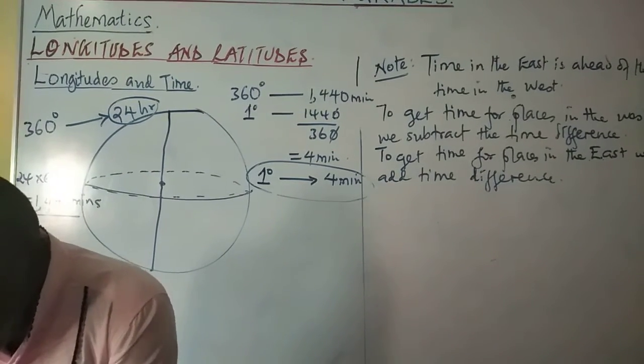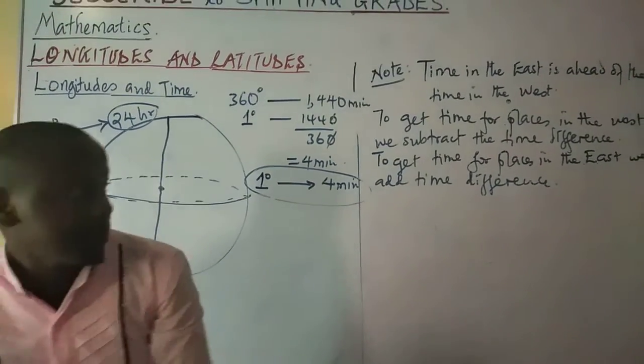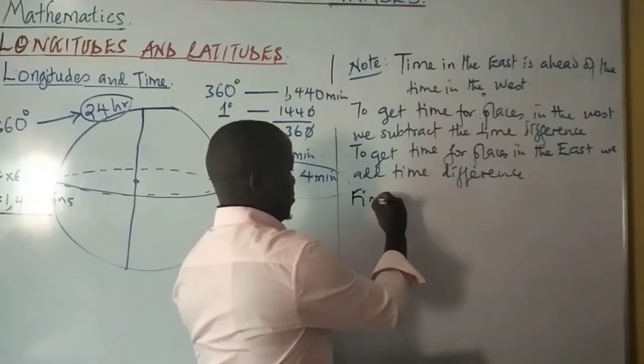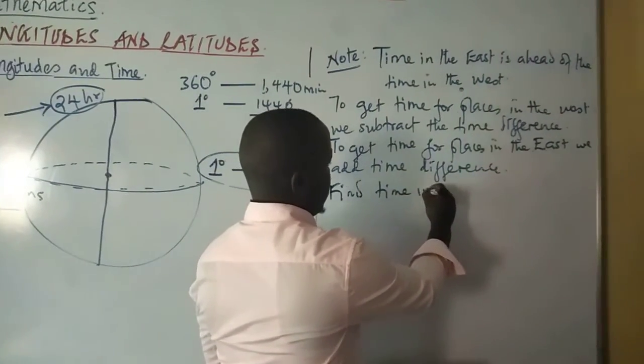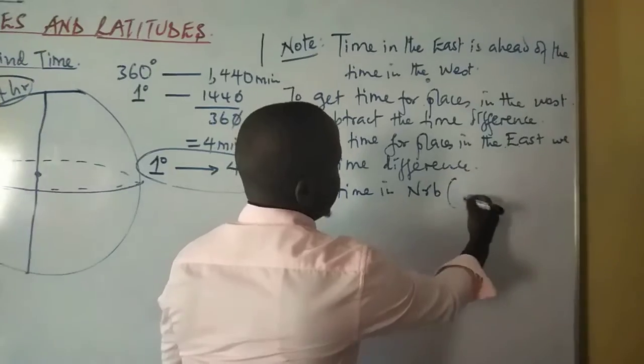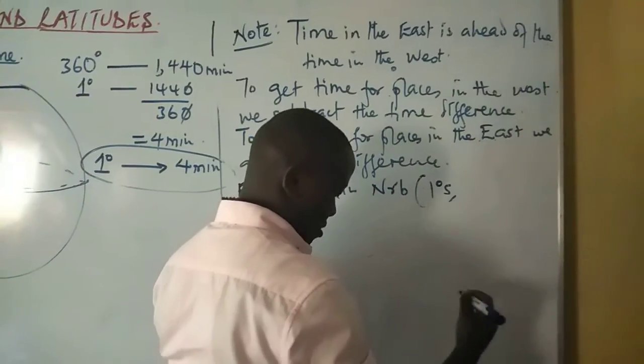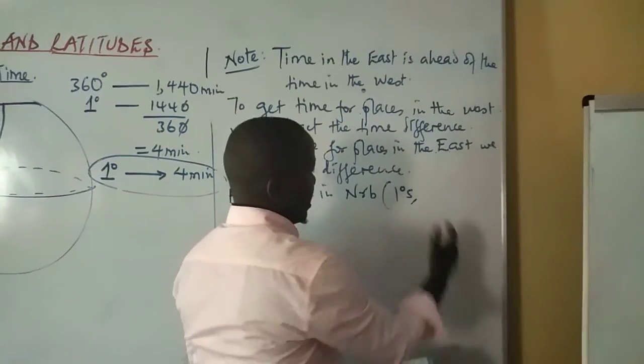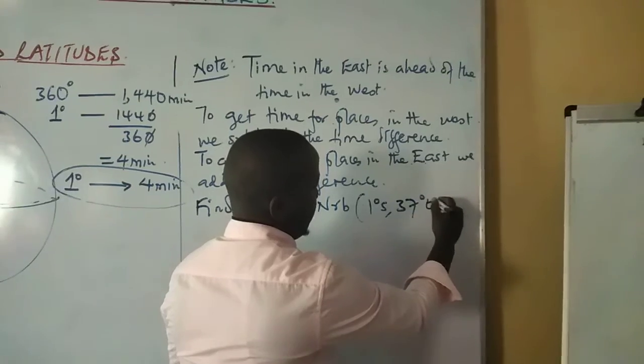You are told, find the local time in Nairobi, and Nairobi is 1 degree south and 37 degrees in the east.